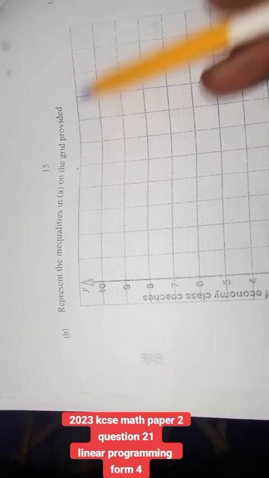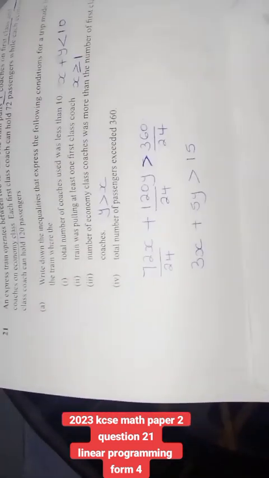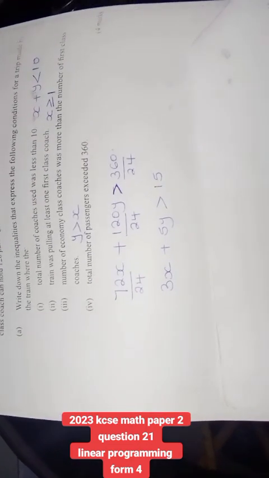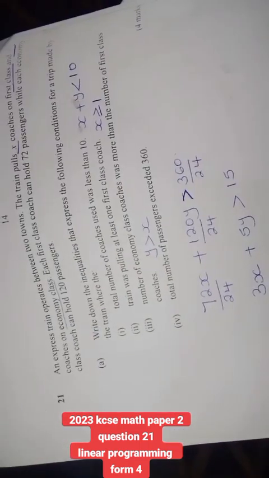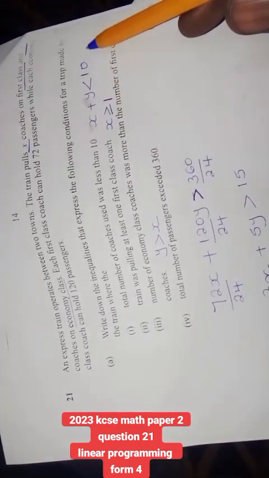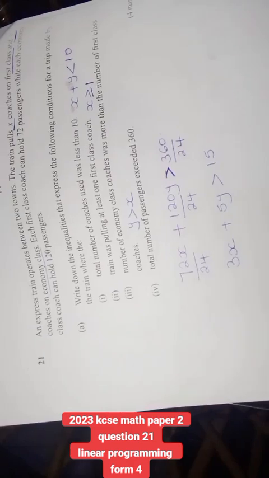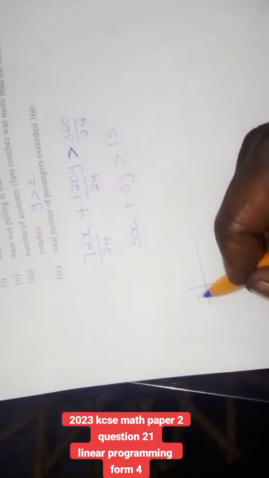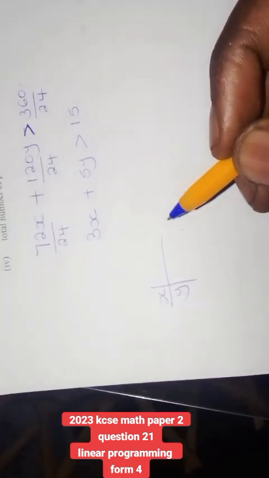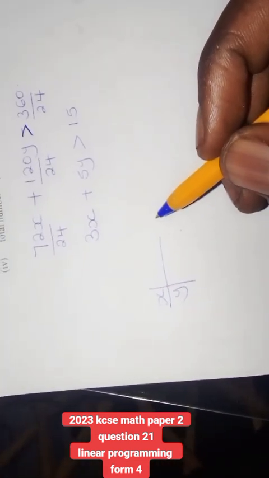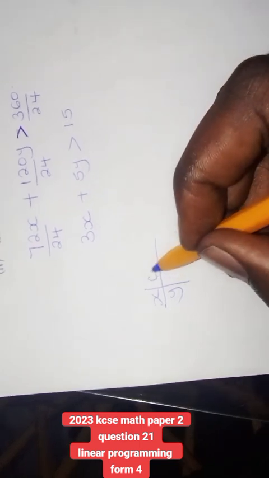So for part B, you are asked to represent the inequalities in A above on the grid provided. So these were the inequalities. Let me do the working here. For the first inequality, X plus Y is less than 10, you just draw a small table having X and Y. Then you ask yourself, what happens if X is 0?